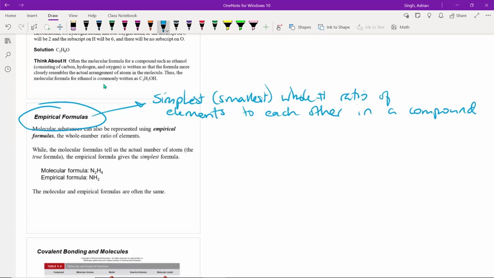And we've already talked about empirical formulas being used for ionic compounds. So for your ionic compounds, we want the empirical formula, the simplest whole number ratio.